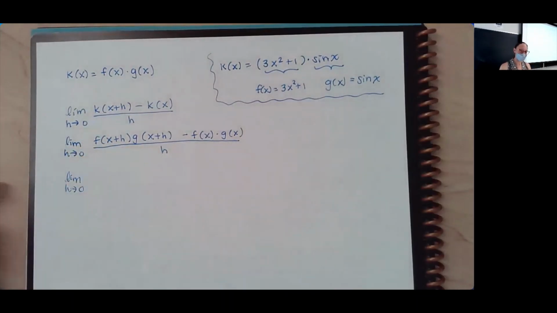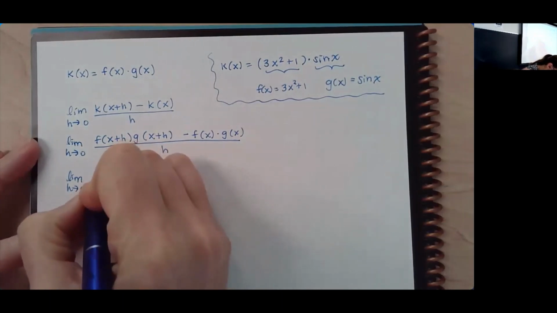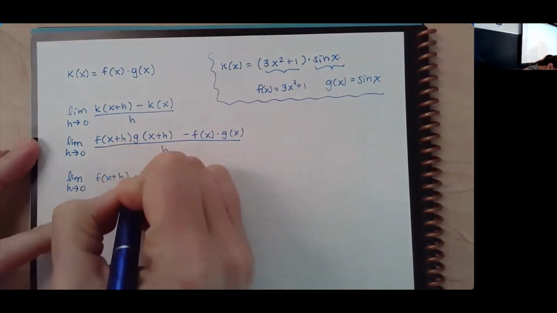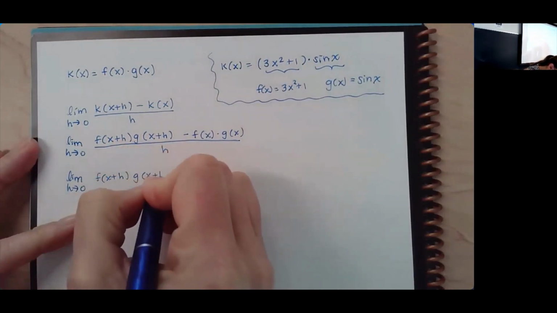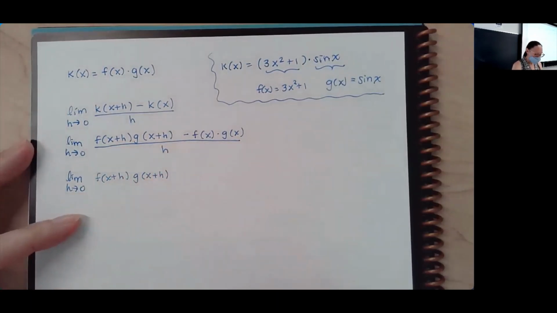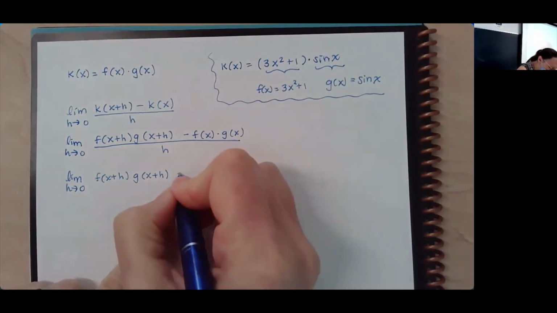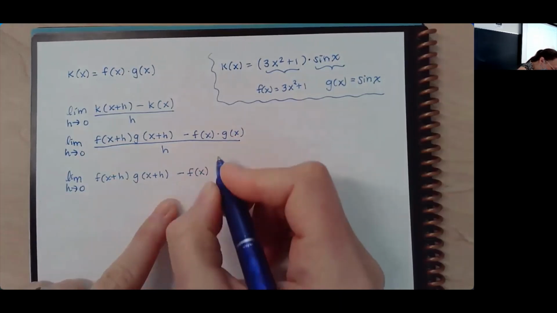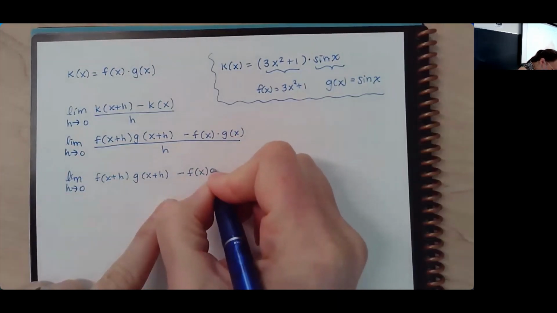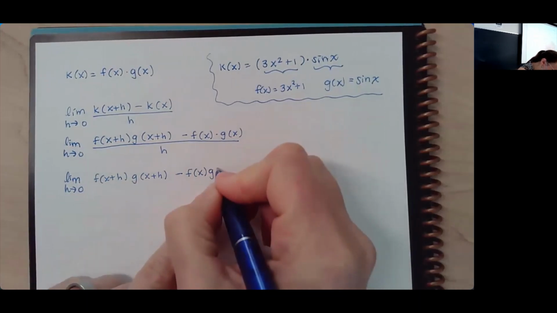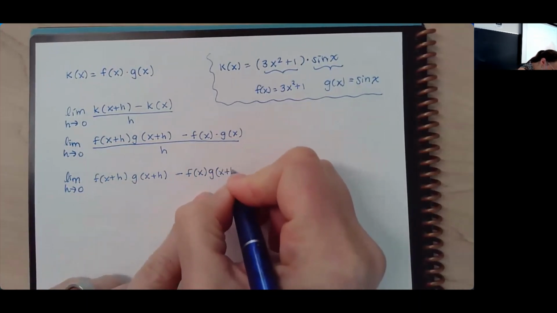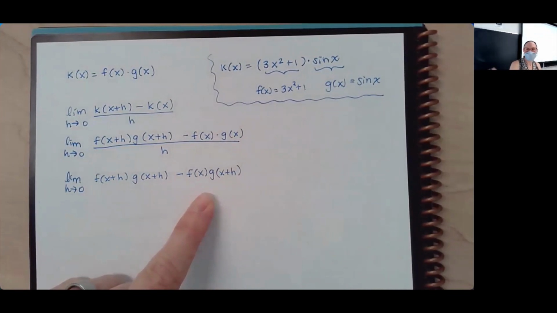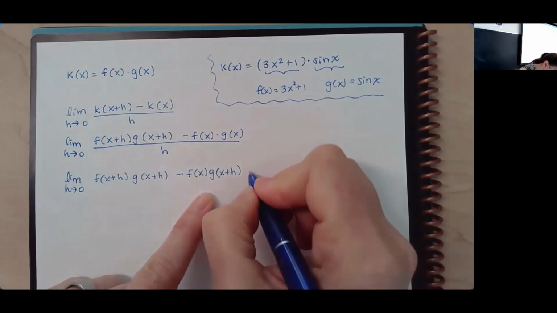And here's the way that he added 0. He took that f of x plus h times g of x plus h, and he subtracted off f of x times g of x plus h. And then he added it right back in.